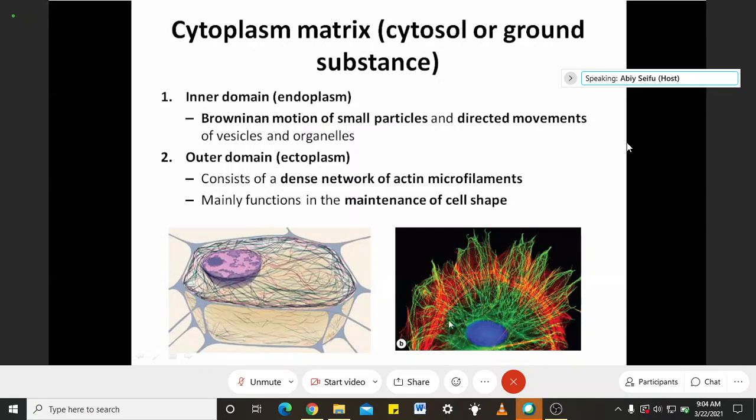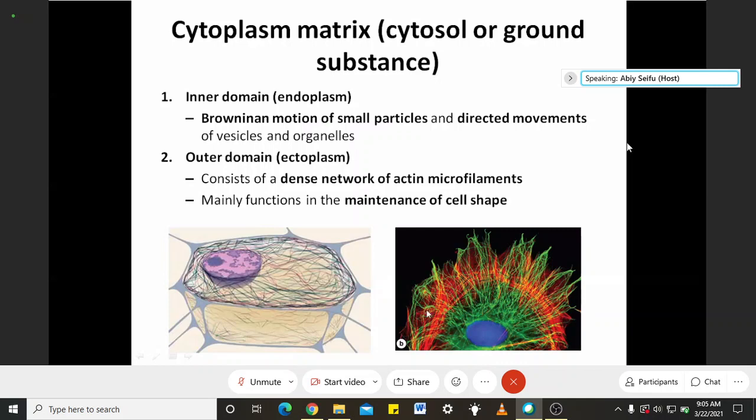The inner one is the greenish colored region, where we have many small particles moving randomly in every direction and getting bombarded with one another, in addition to which we have specified directed movements of vesicles and organelles.